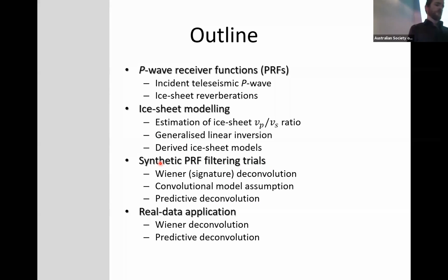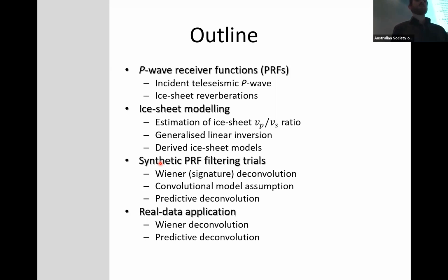So firstly, I'll be introducing the concept behind P-wave receiver functions, their character, how they are affected by the presence of an ice sheet. The ice sheet modeling process includes different concepts which have helped us to construct homogeneous ice layer models.